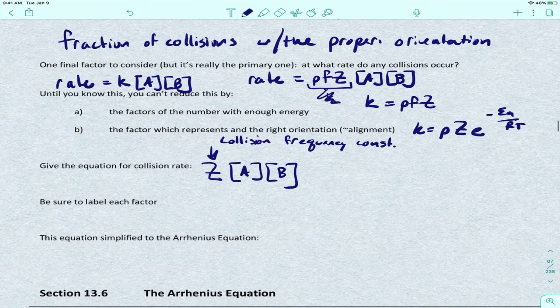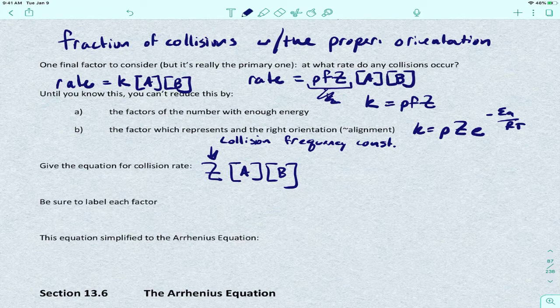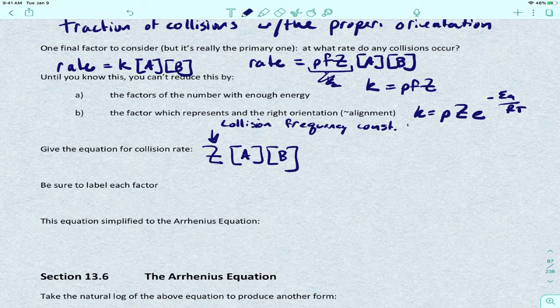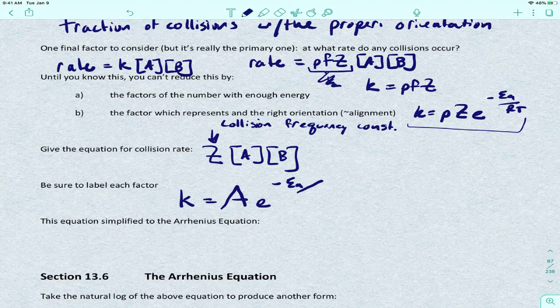Now I'm going to rearrange this a little bit to get it into a nicer form, skipping a lot of steps ahead to an equation that says k is equal to A times e raised to the negative E sub A over RT, where A is really the steric factor times the collision frequency constant.